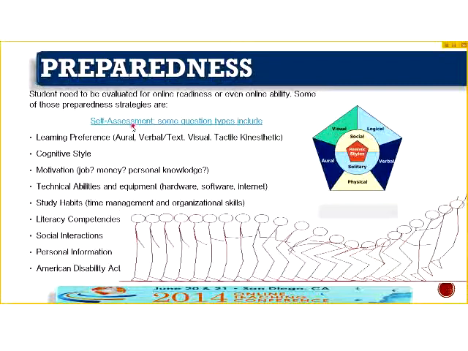What is their learning preference? Oral, verbal, text, visual, or tactile, kinesthetic? Here is a diagram of social and solitary learners and how faculty can use this information to make sure that the learning is going to be appropriate.